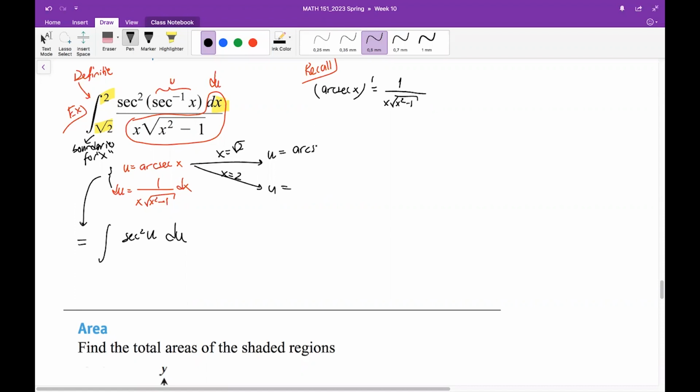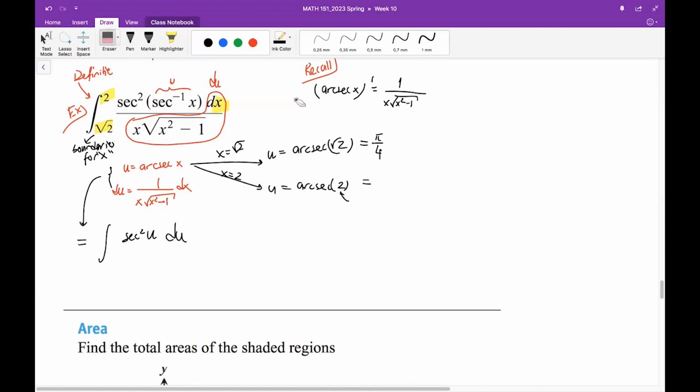Okay, arcsecant square root of 2 and arcsecant 2. How can you compute this inverse trigonometric function? You will just think in the following way. Tell me an angle whose secant value is square root 2. Do you know such an angle? It's a famous angle. It is pi over 4. Similarly, tell me an angle whose secant value is 2.